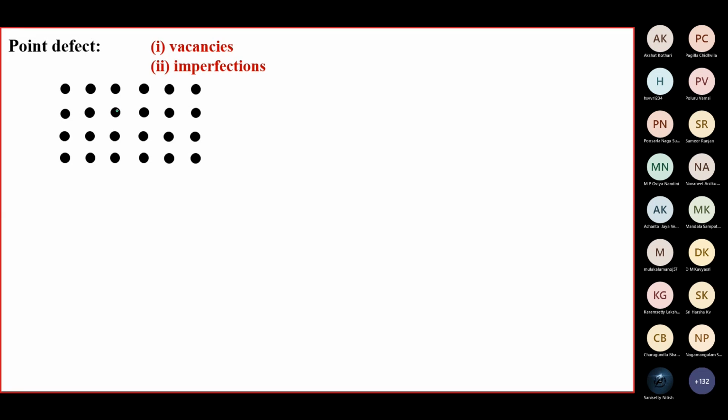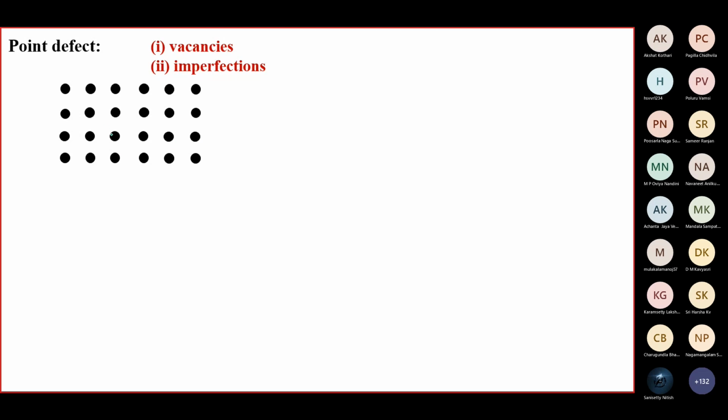Because of that vacancy, the region around it has a slightly strained crystal structure. The unit cell is slightly strained because of the absence of this atom. So the energy distributed around here is different from the rest of the crystal. So obviously this region behaves slightly differently compared to the rest of the region.